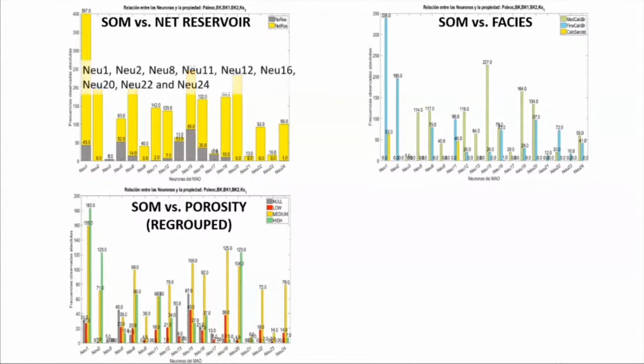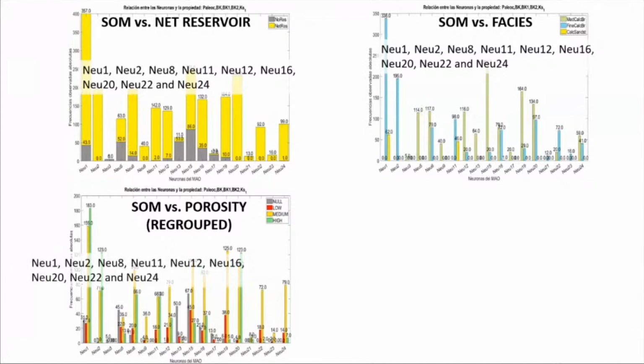Also you can see the same neurons have facies in fine and medium calcareous breccia. And in the chart in the bottom left corner, for medium and high values of porosity, the green and the yellow bars.